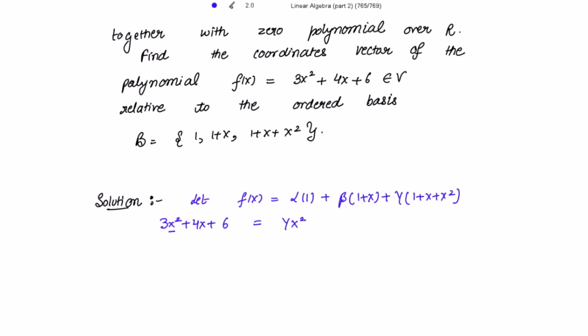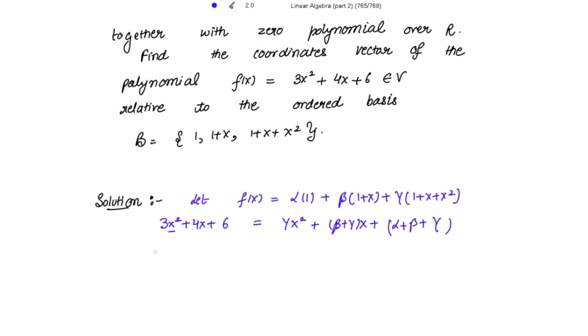And then the term with x, that is from here I get beta x, from here plus gamma x. So this is beta plus gamma times x. And then writing the remaining constants as alpha plus beta plus gamma finally.